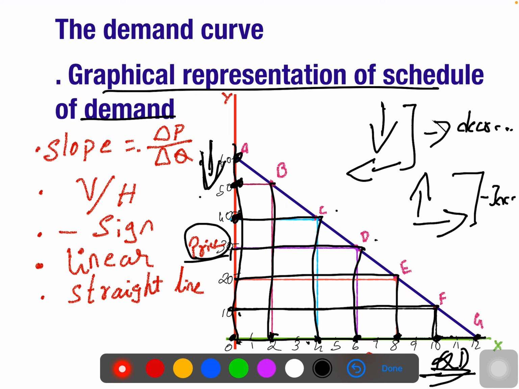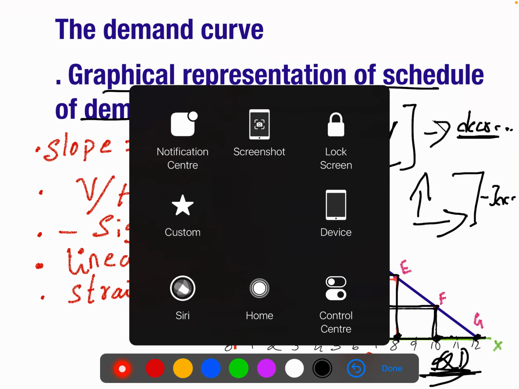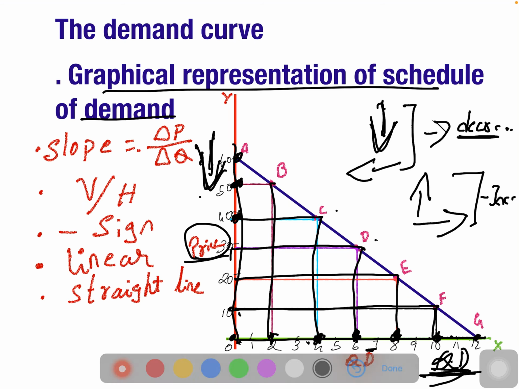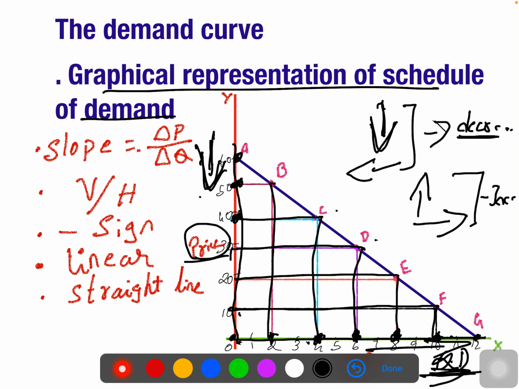So in this case, you can see the price is coming down, that means it is decreasing. Quantity demanded is shifting towards the right side. It was 2, 4, 6, 8, 10, moving towards the right side. When it is moving towards the right side, that means it is increasing. So in this case, price is decreasing and quantity demanded is increasing, so both are moving in the opposite direction.